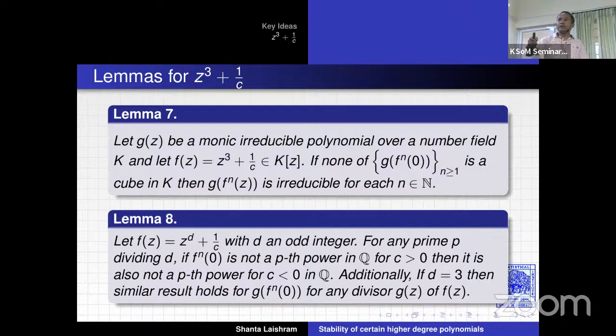Another key lemma is that Fz is 3 power d plus 1 over c. Then for any prime p dividing d, if Fn0 is not a p power, then it's also not a p power. This is a very easy lemma. If you have c bigger than 0, then you can say the same thing for c less than 0, so basically it just depends on the absolute value.